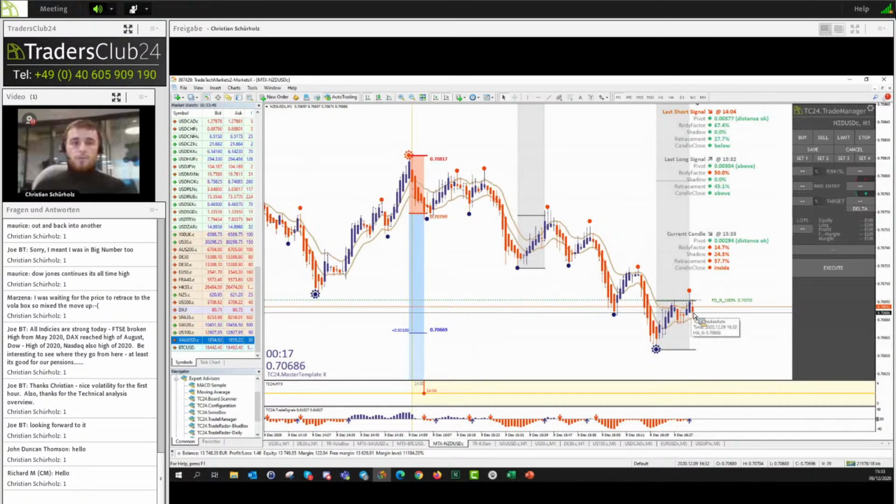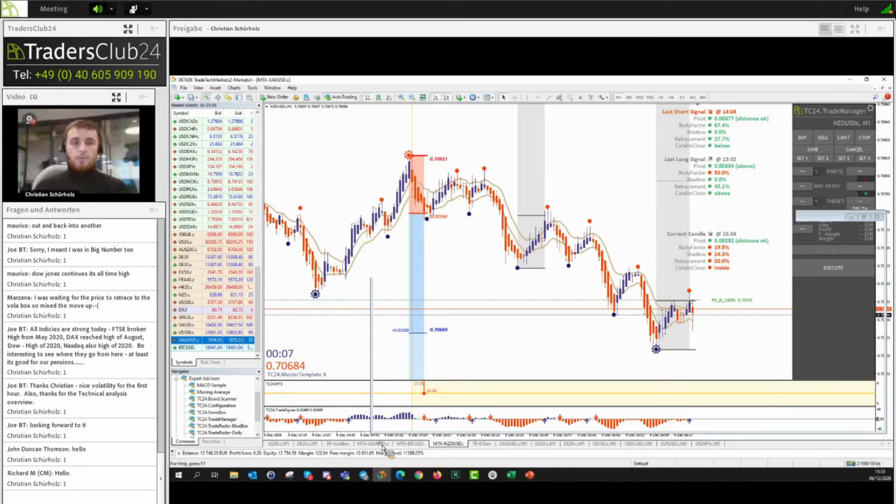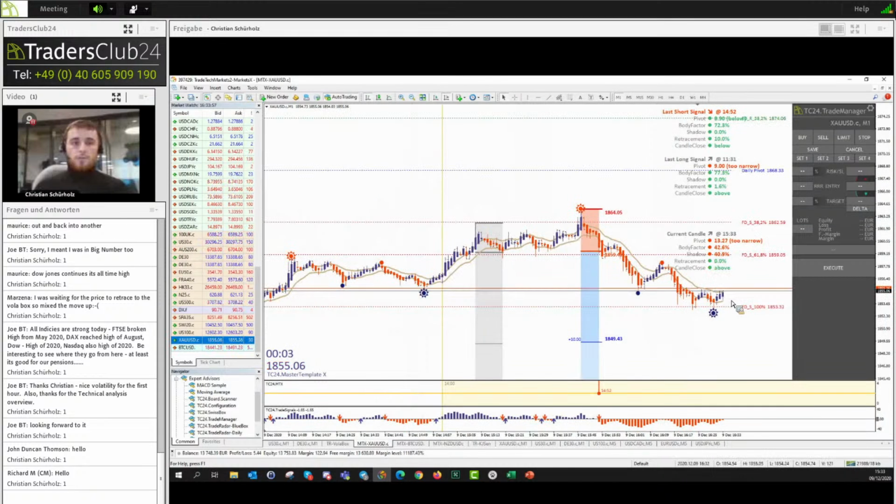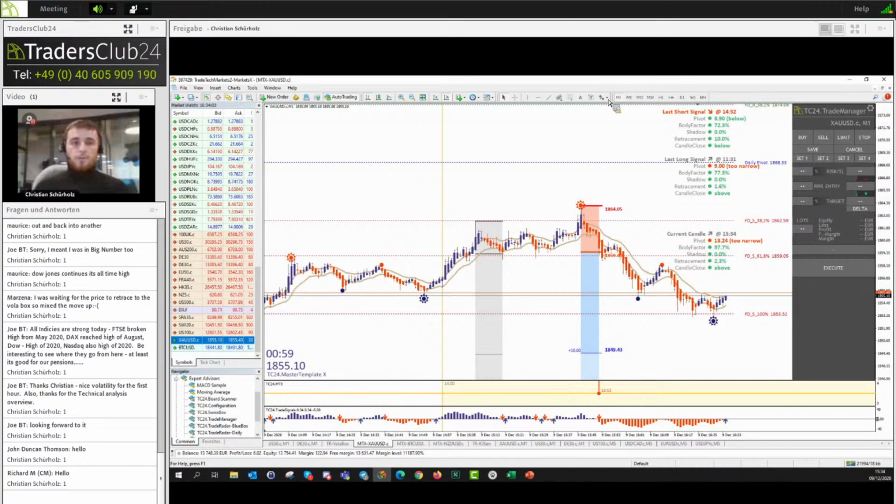So we had our signal candle here, just about, really, not very good. Not a very good candle, but there's not so much movement right at this minute.